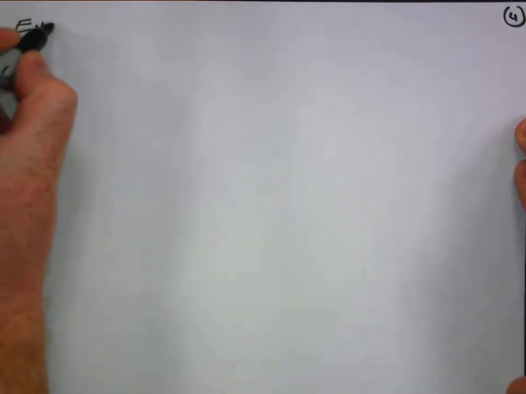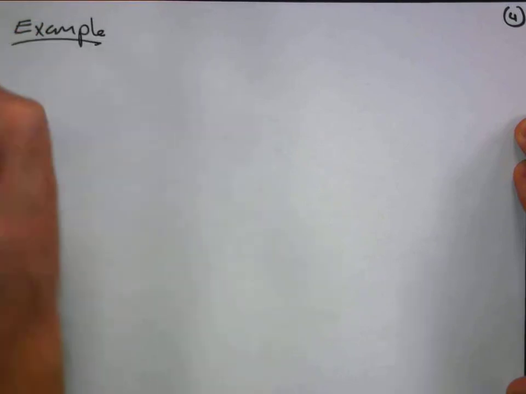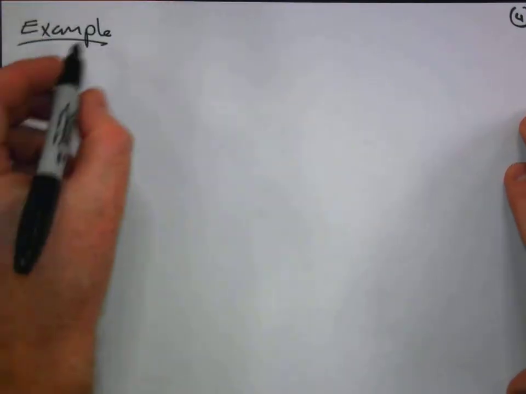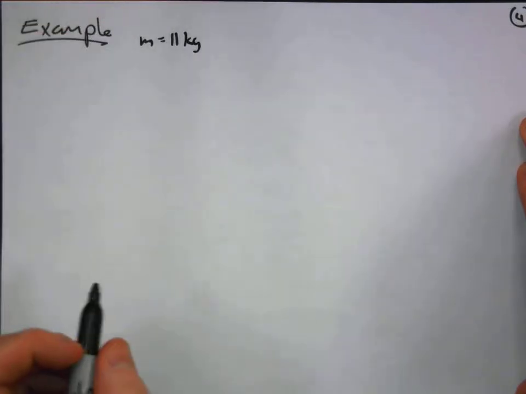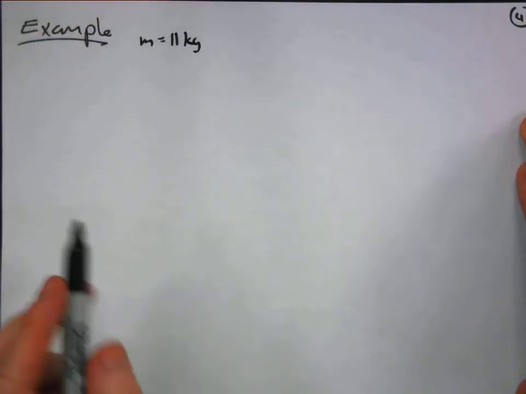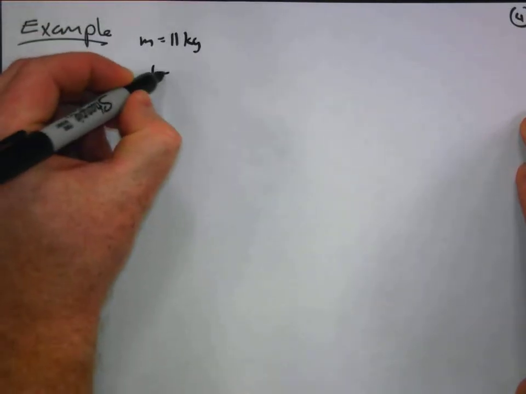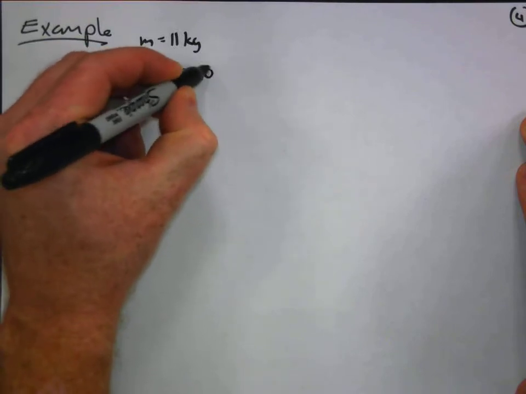So here's our situation. Your teacher lifts an object of mass 11 kilograms vertically through a distance of 0.90 meters.